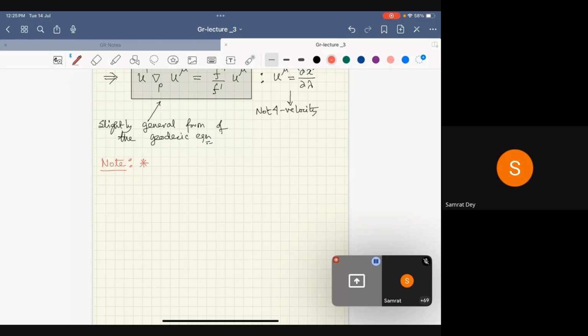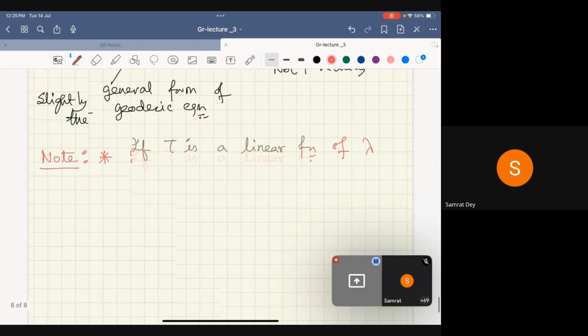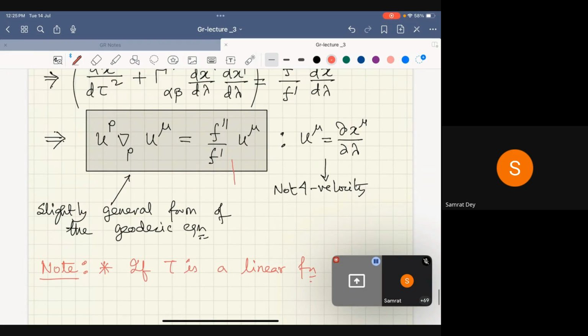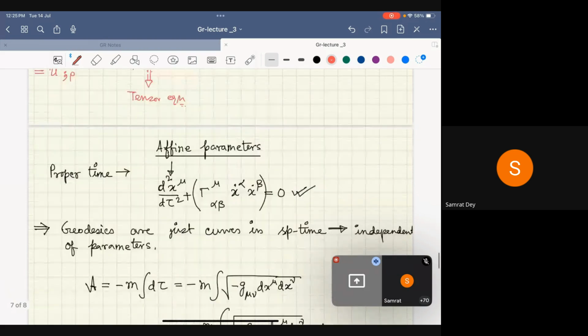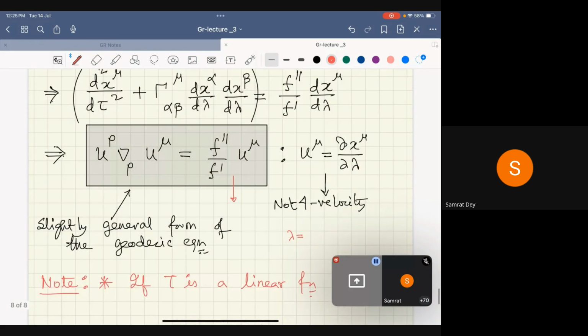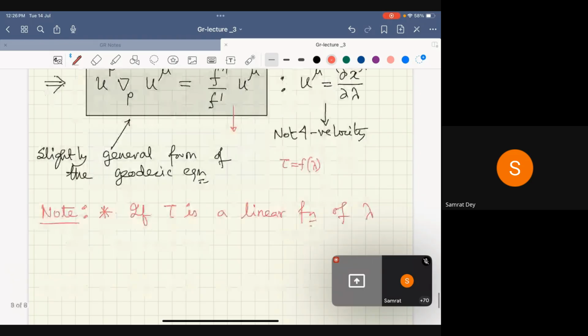Firstly, if tau is a linear function of lambda, this is very crucial. If tau is a linear function of lambda, what happens? You look at the right hand side. Tau I defined as f lambda, and I am claiming that tau is a linear function of lambda.